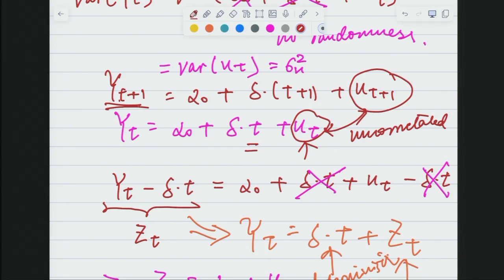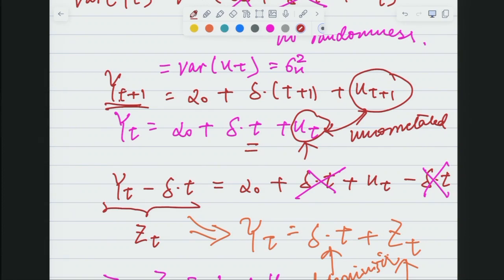So the shock will alter the stochastic trend series trajectory indefinitely. So shocks to a stochastic trend model have a permanent effect. Shocks to a deterministic trend only model have a transitory effect. So this is the difference between the two types of trends in time series.